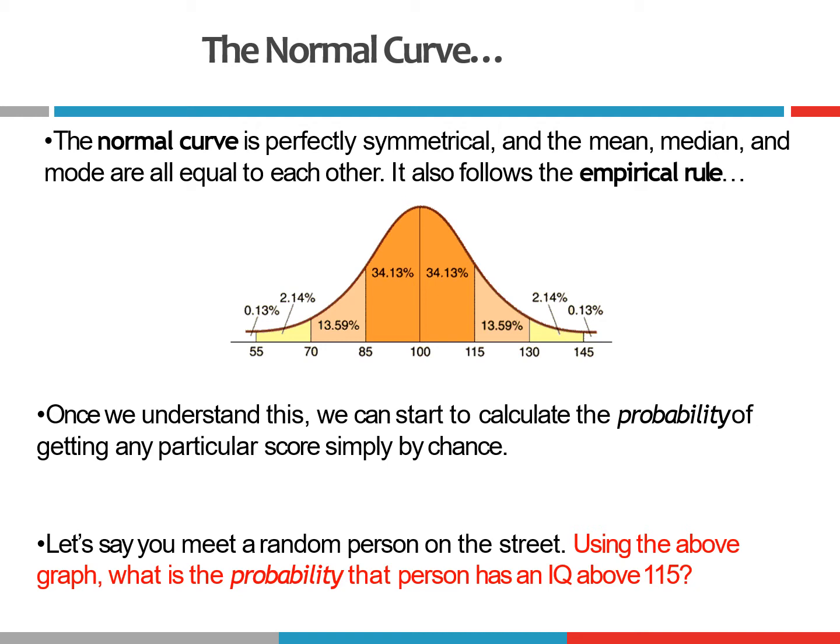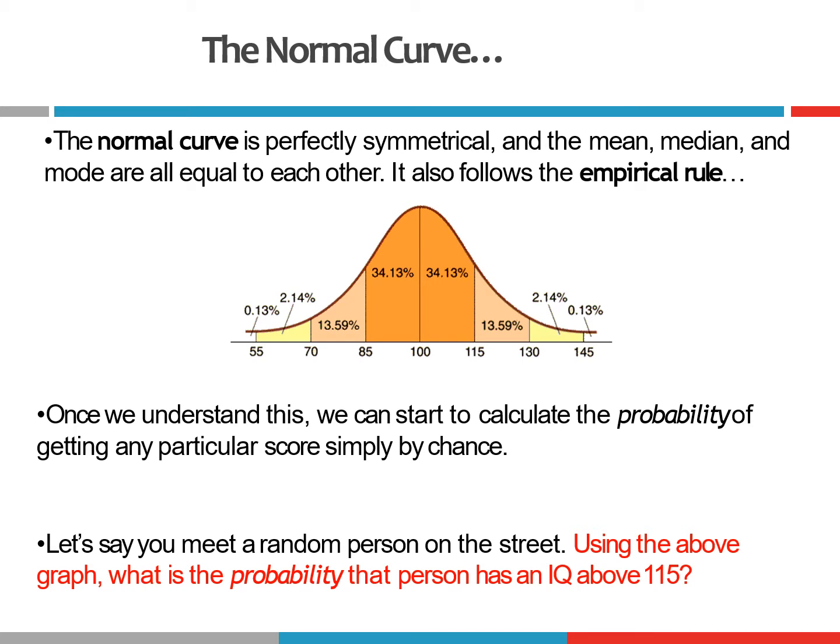If we add 13.59 and 2.14 and 0.13, we get a probability of 15.86. Okay, so there is a 15.86% chance that a random person in our distribution is going to have an IQ score above 115, right?